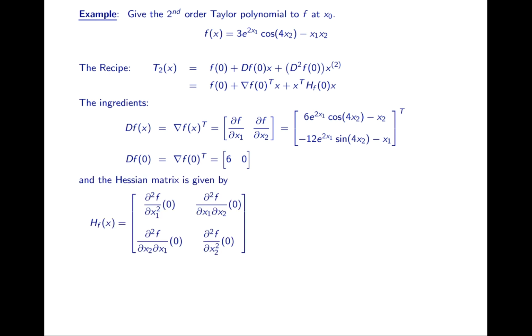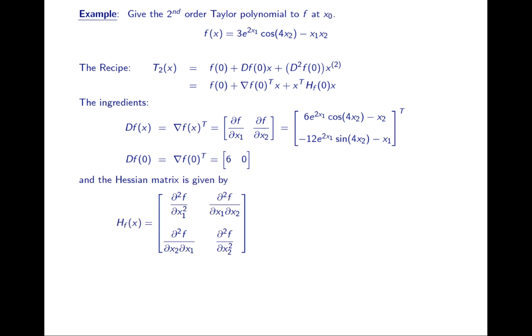Now the Hessian matrix is a 2 by 2 matrix given by those partial derivatives. The Hessian matrix is given by a 2 by 2 matrix of second order partial derivatives. And of course we could go through and take those partial derivatives. Notice that f is not only twice differentiable, but all of the second derivatives are each continuous, which means my Hessian matrix is symmetric.